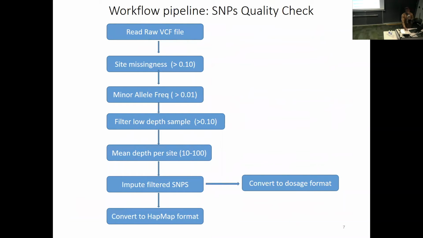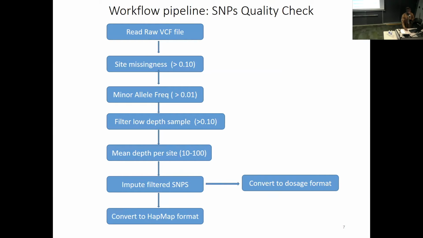The SNP data is always characterized by erroneous values due to how the data is sequenced. So this is the pipeline we follow to get rid of erroneous values. We filter based on site missingness, minor allele frequency, low depth samples, and mean depth sites, and the threshold I use is the one in parentheses.